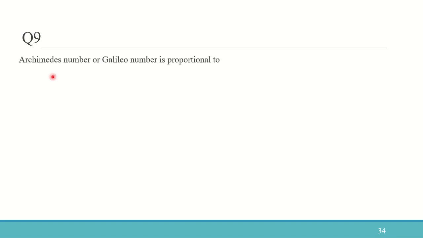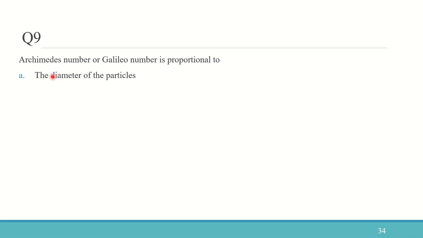And question 9, Archimedes number or Galileo number is proportional to this. It is like dp cube into rho p minus rho f into g divided by mu, something like that, the Archimedes number comes. So the exact formula is proportional to dp cube. So on looking at the options, I'm just looking at the exact formula.